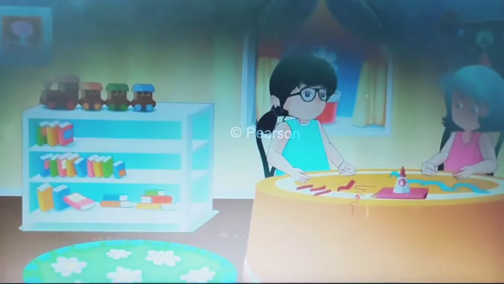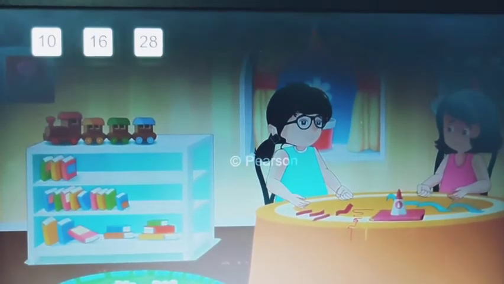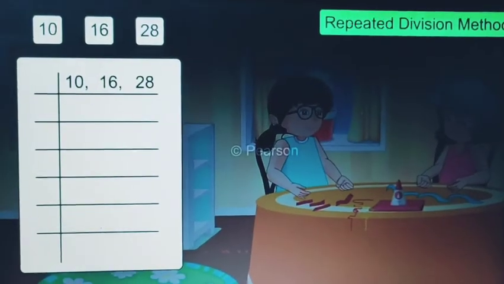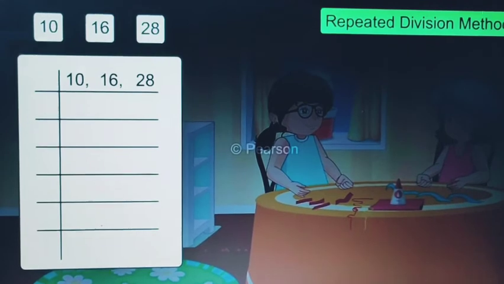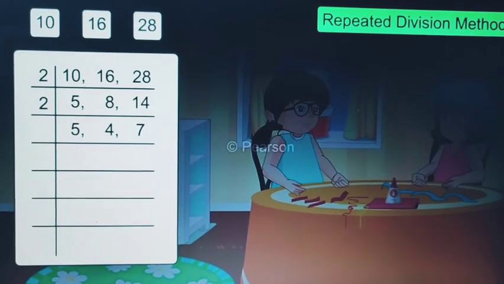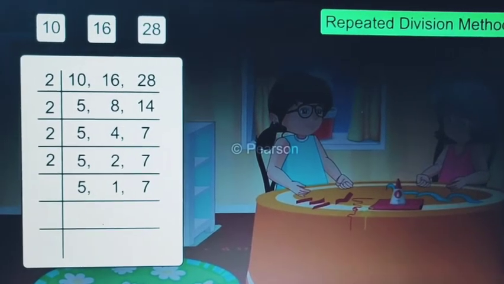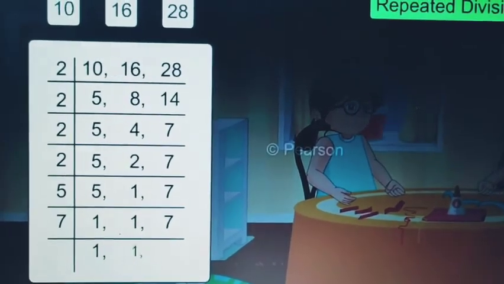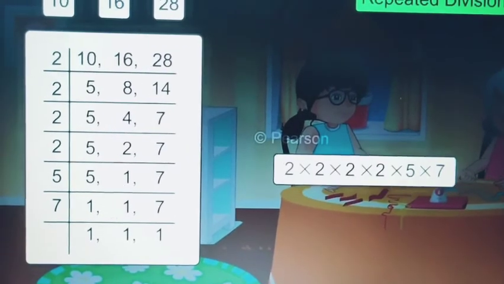Let's find the LCM of 10, 16, 28 by repeated division method. First, we need to start dividing by the smallest prime number, which can divide at least one of the given numbers. We will bring down the numbers which are not divisible. We continue this process till the last row has quotients 1 for all the given numbers.